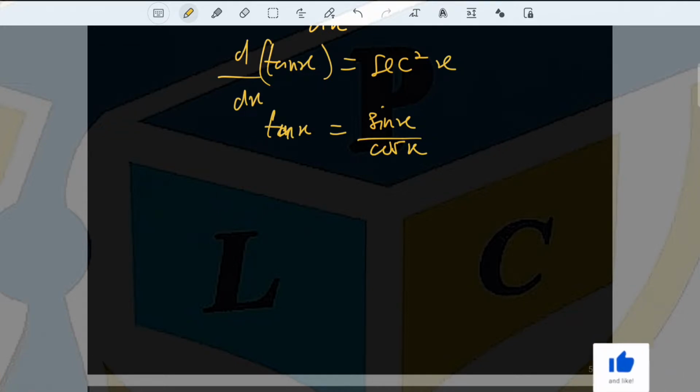So let's continue. In this case, I'm going to use the quotient rule.